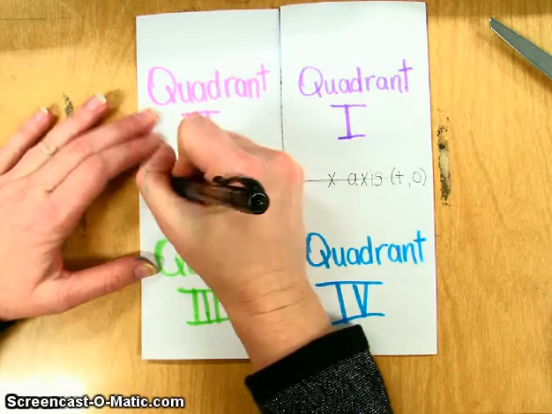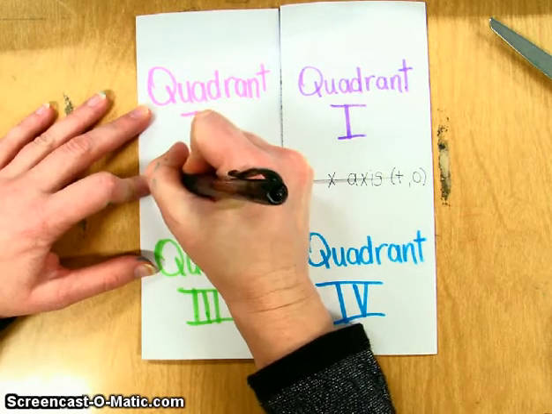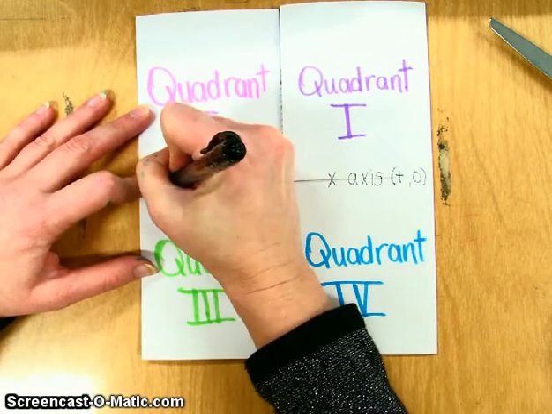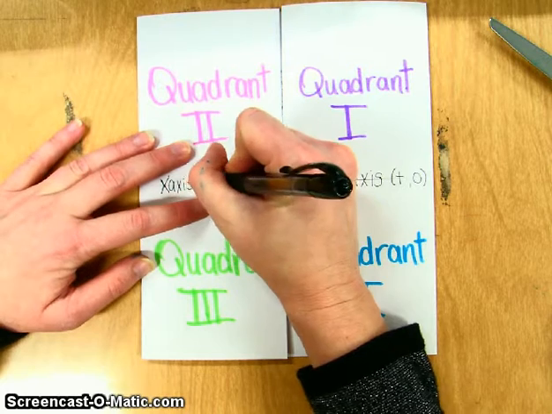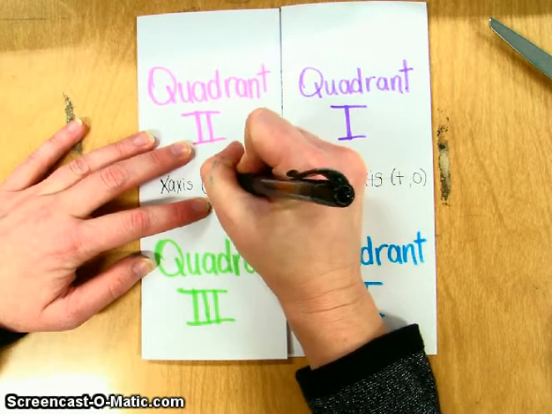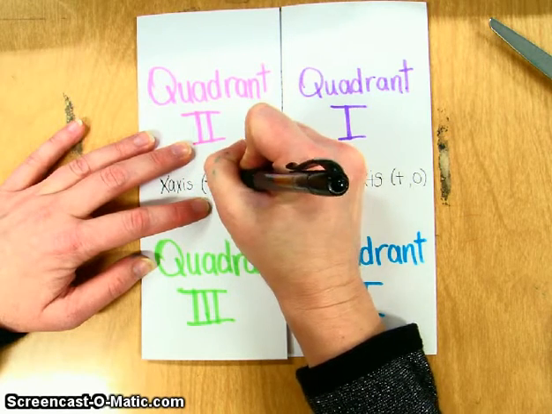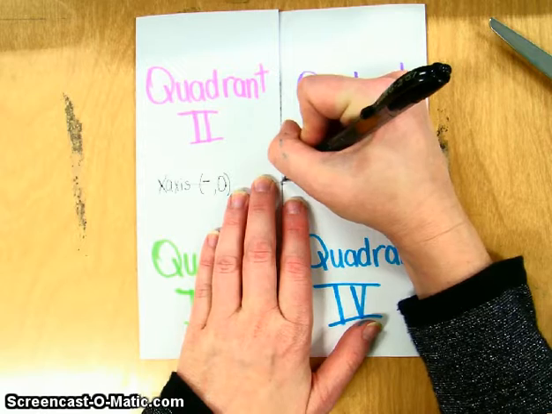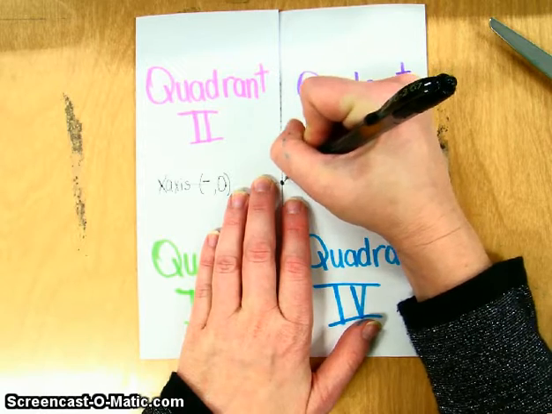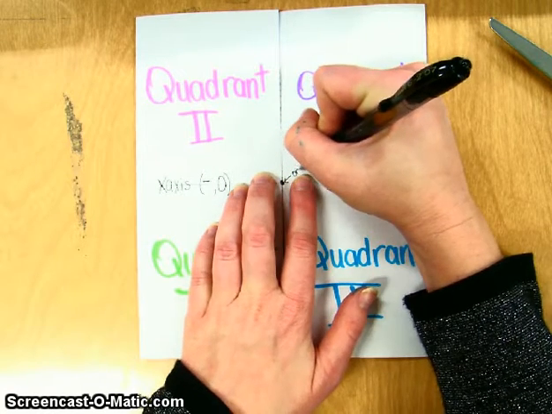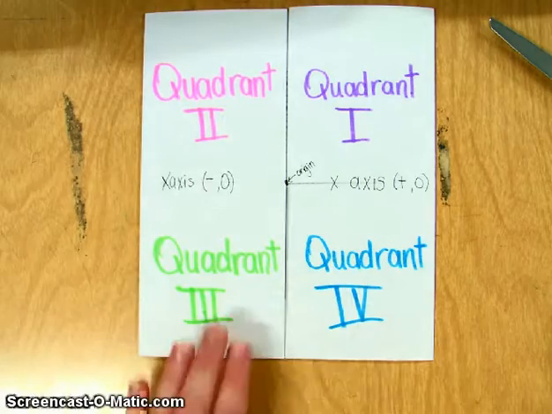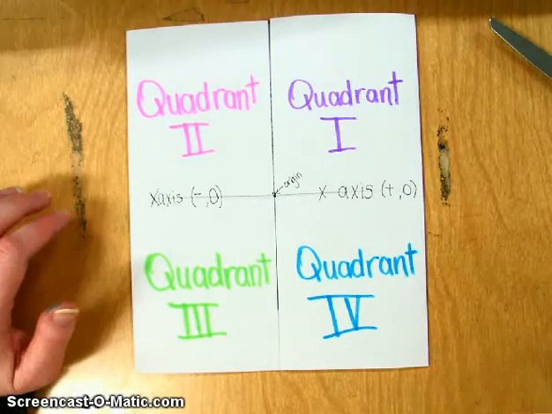And over here on this side of the x-axis, you're going to have a negative number and a 0. This point right here in the middle is called the origin, because that is the beginning. That's where you start when you are graphing an ordered pair.